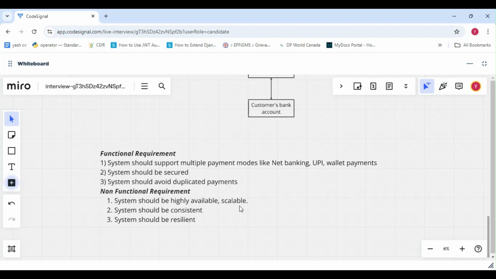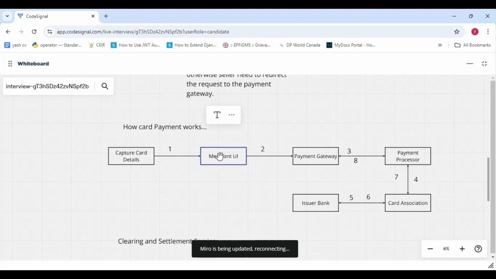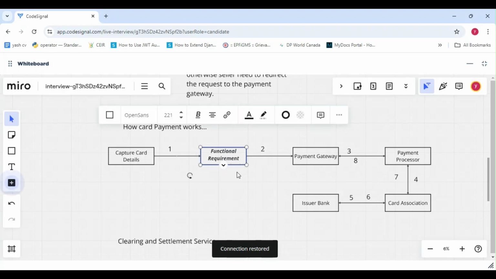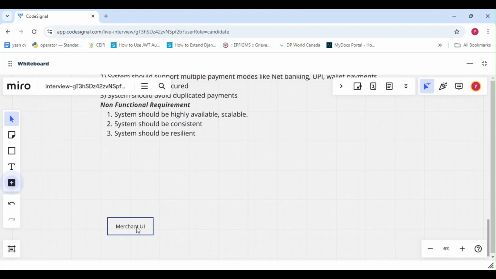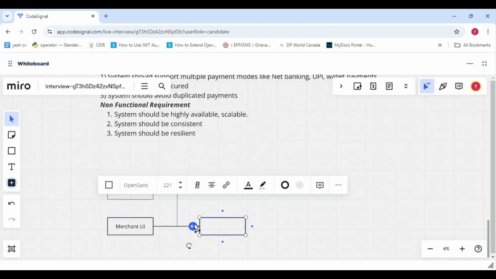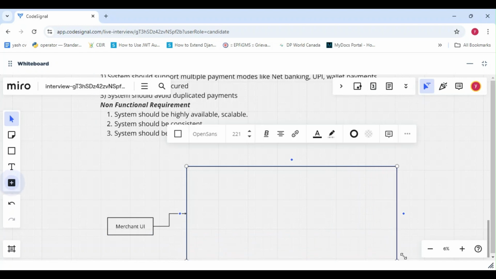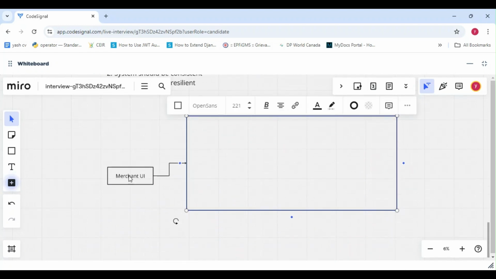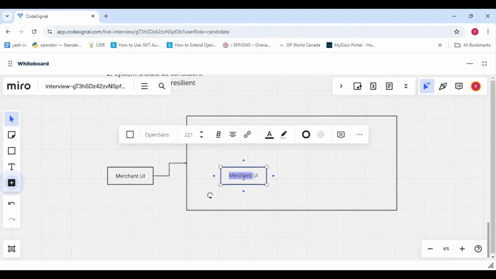Let's draw the diagram now. This is our merchant UI, and this is our payment gateway. There is a payment ingestion service which creates a unique transaction ID.